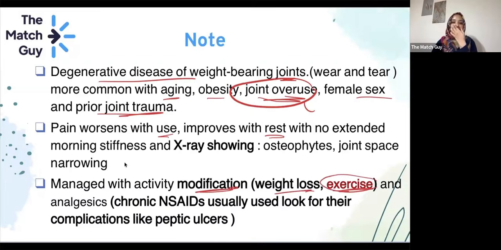If I tell you I have someone who has knee osteoarthritis, which specific exercises would you recommend? Knee osteoarthritis. Think about it: yes, we want to strengthen the quadriceps.